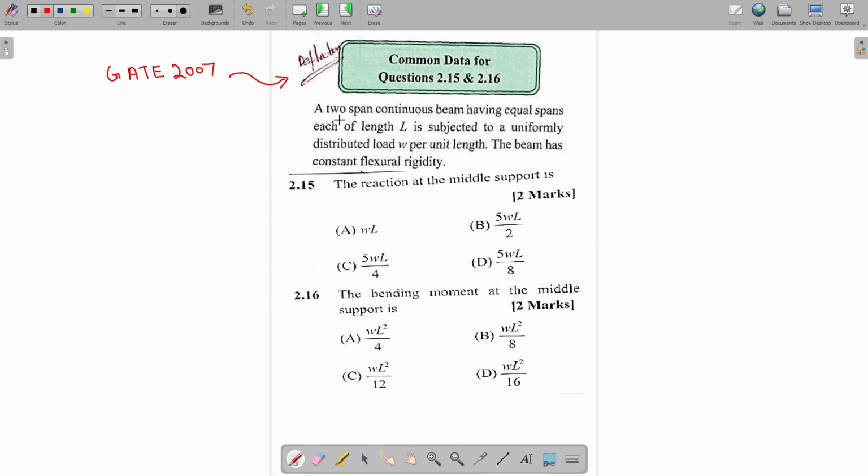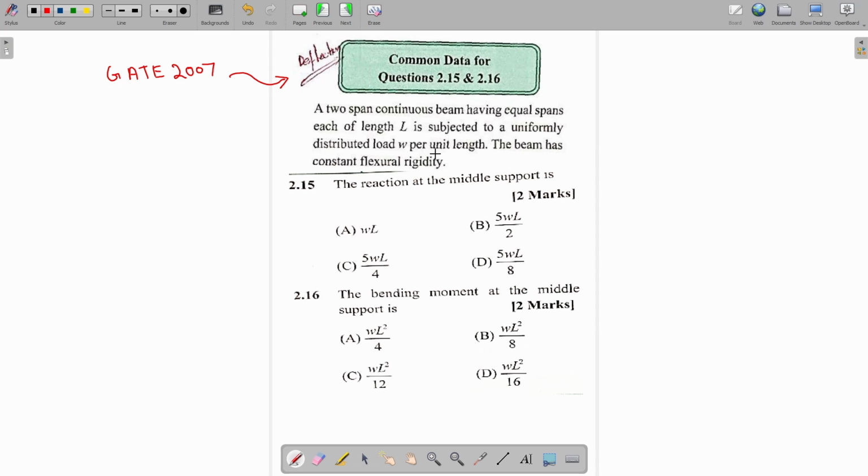The question is given as follows: a two-span continuous beam having equal span of length L is subjected to a uniformly distributed load W per unit length. The beam has constant flexural rigidity.